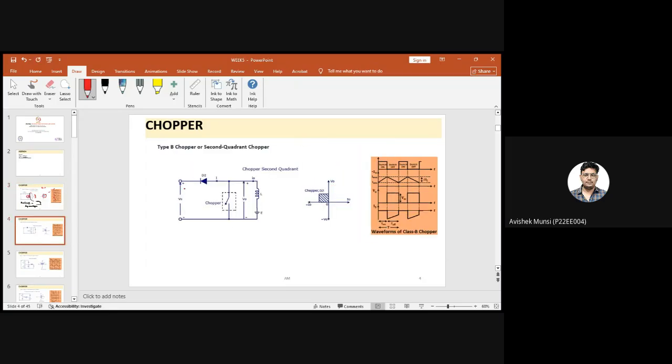Next is the type B or second quadrant chopper. This is basically a step up chopper.